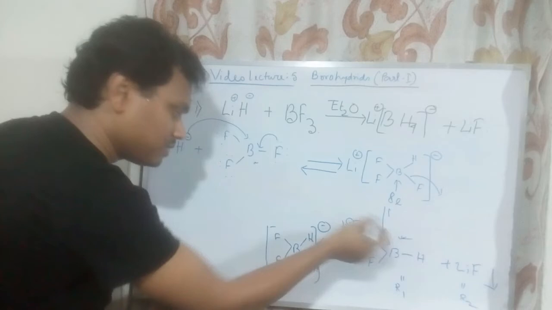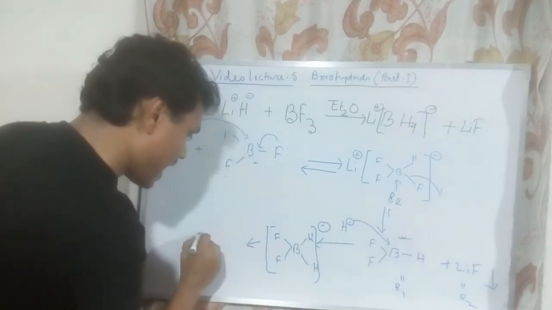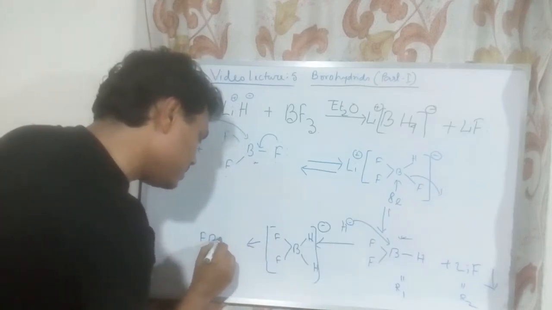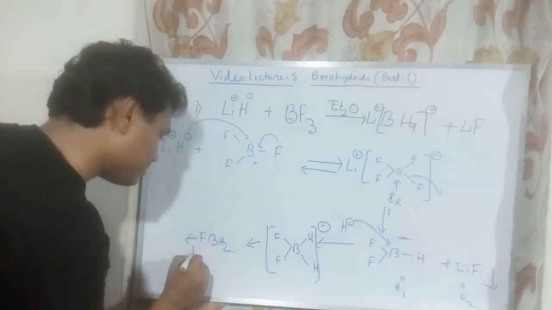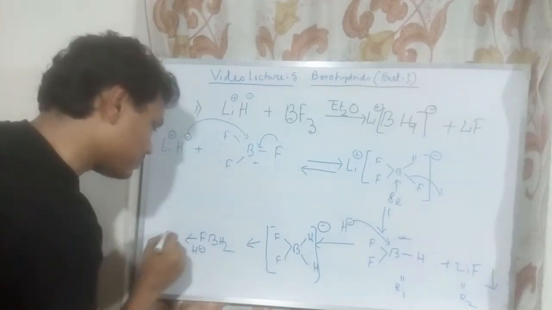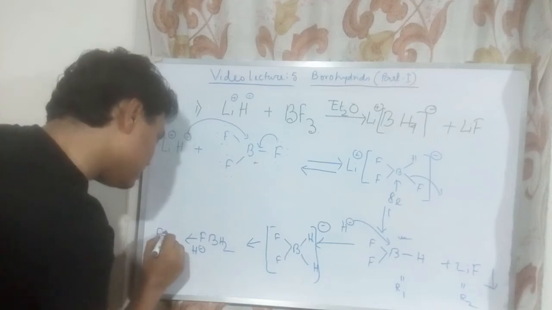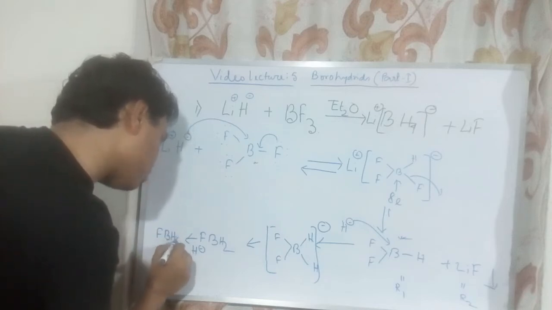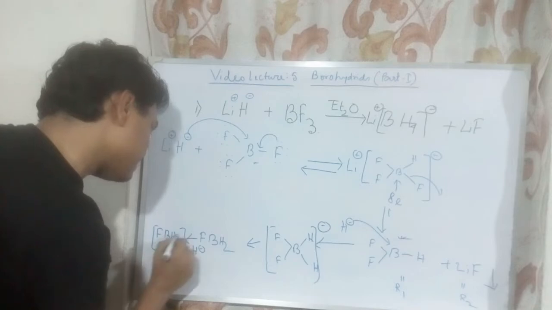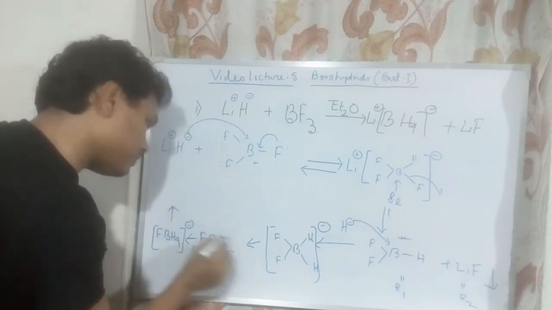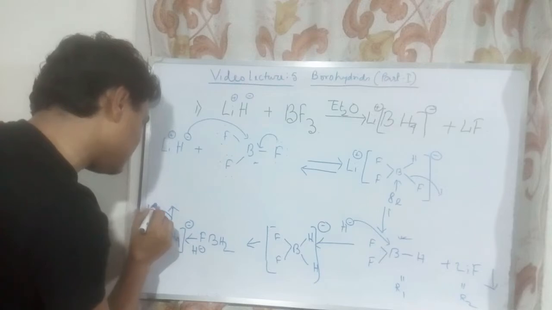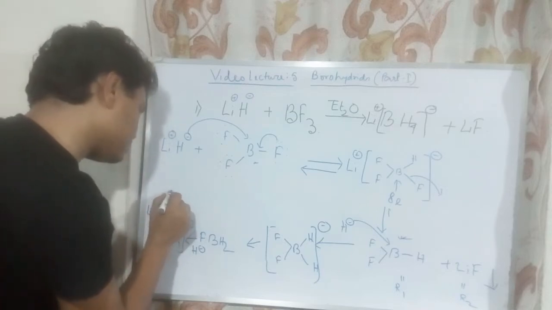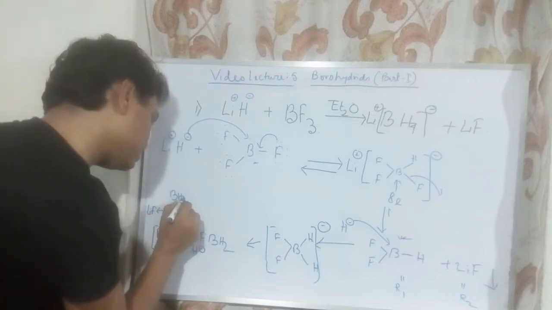Similar process: one fluorine will go and it will produce FBH2. Similarly, another hydride will attack and form this FBH4 minus. Similarly, like the previous step, one fluorine will go out as lithium fluoride and produce BH3.